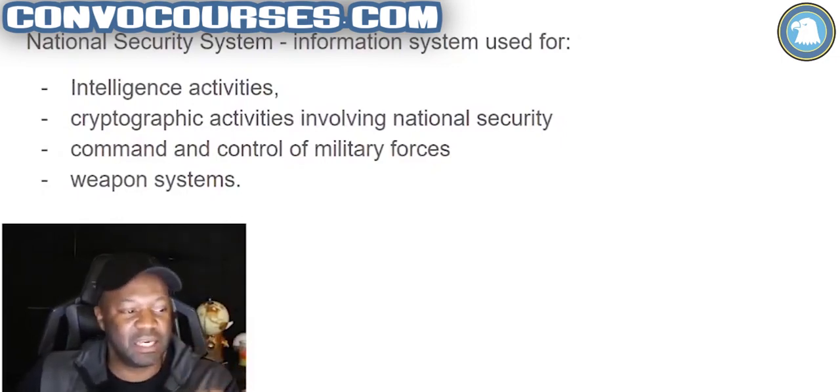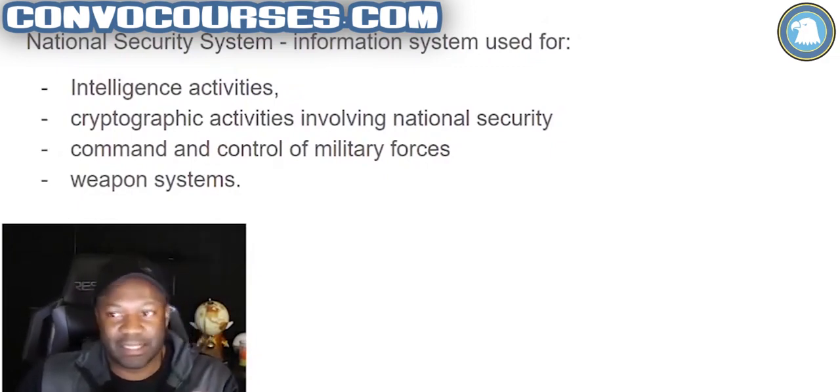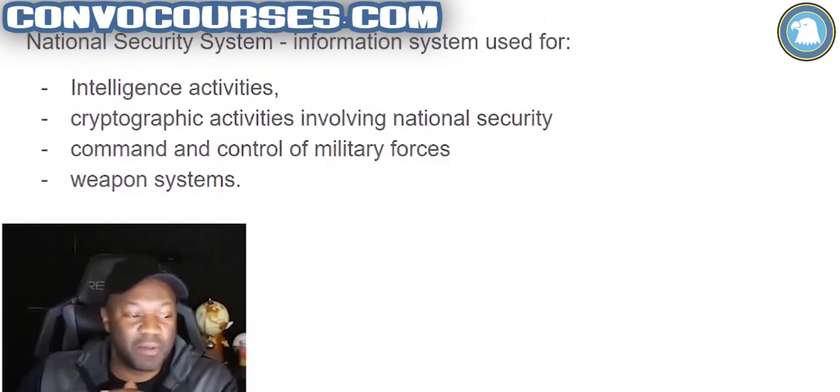Anything that does intelligence activities, cryptographic activities, or command and control of military forces. If you had a database that tracked troop movements in different countries, that's definitely a national security system. And weapon systems, like the smart gun that I described a few minutes ago, might all be considered national security systems.